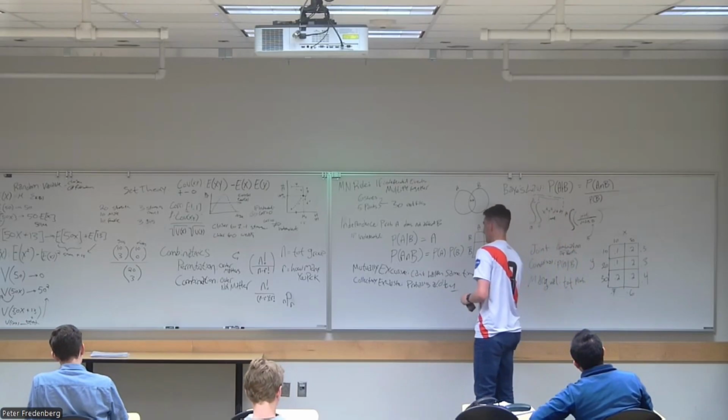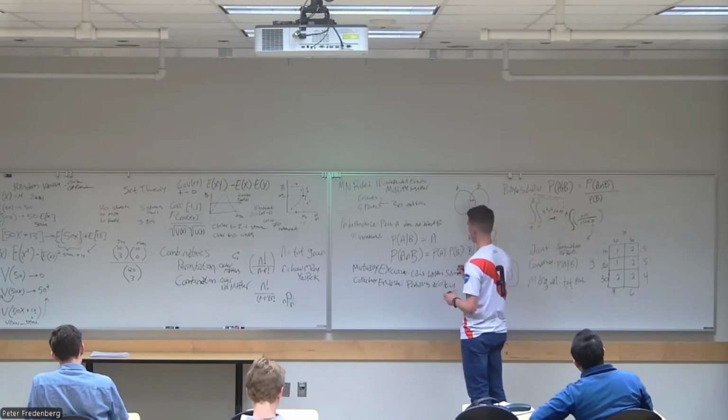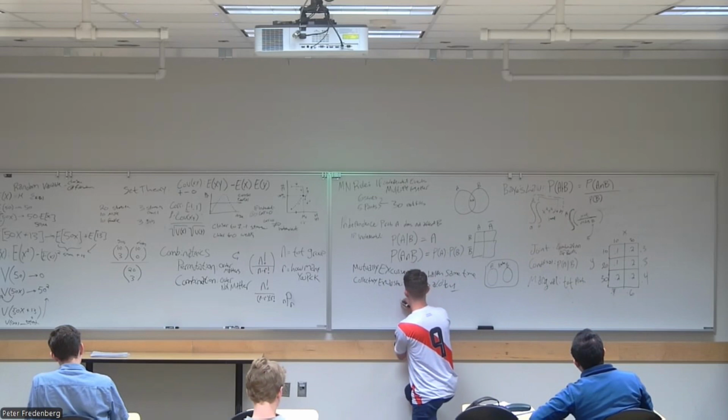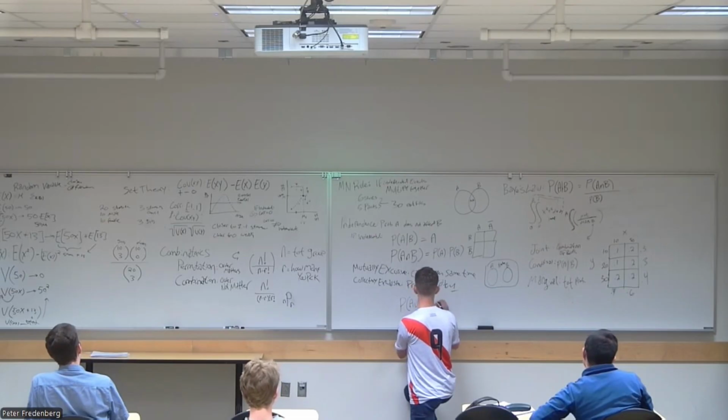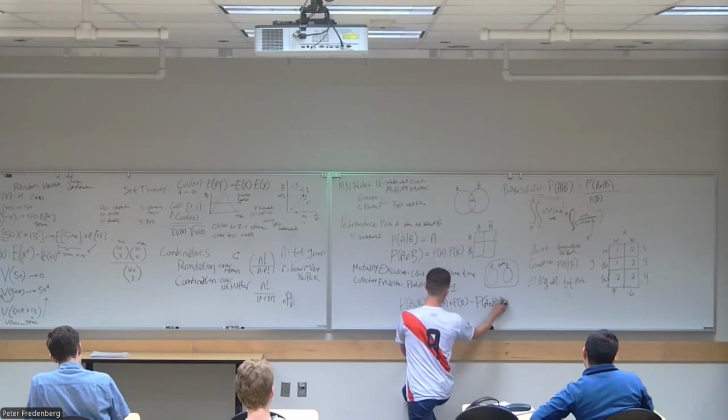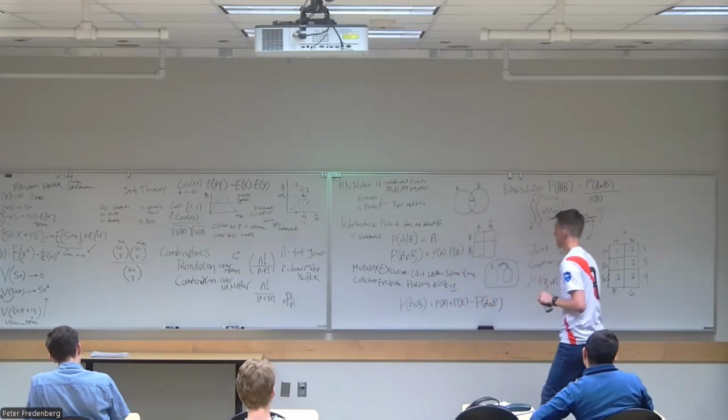Sorry, I totally forgot this one formula. The probability of A union B equals the probability of A plus the probability of B minus the probability of A and B. Okay, that's what it is. Sorry, I totally blanked on that. Thanks for pointing that out.